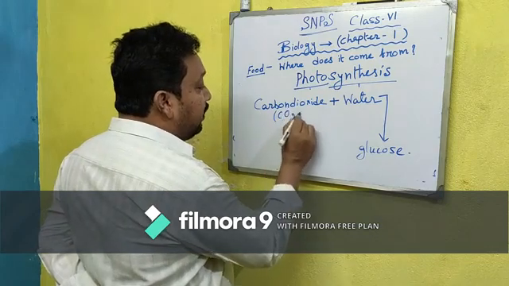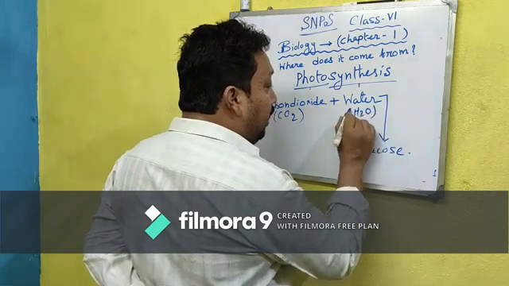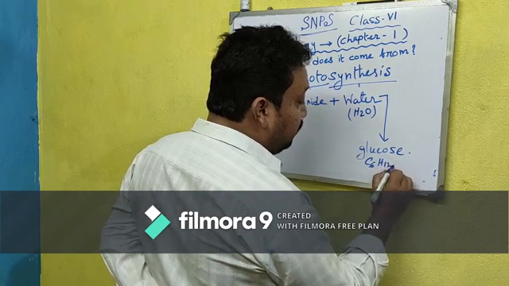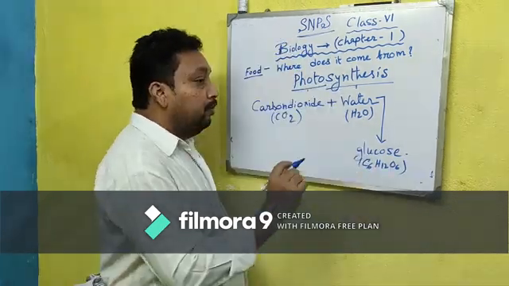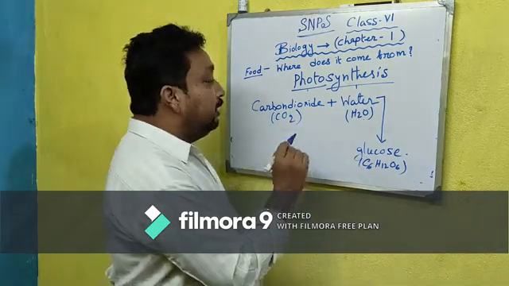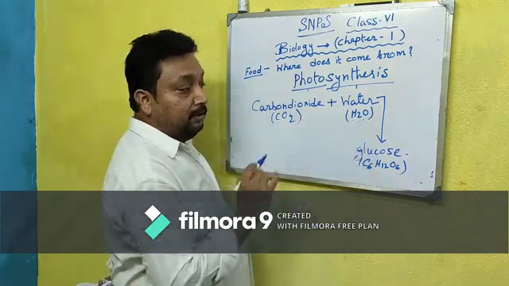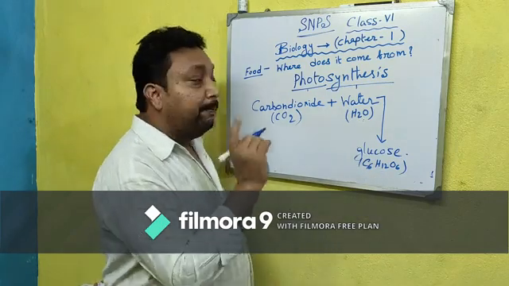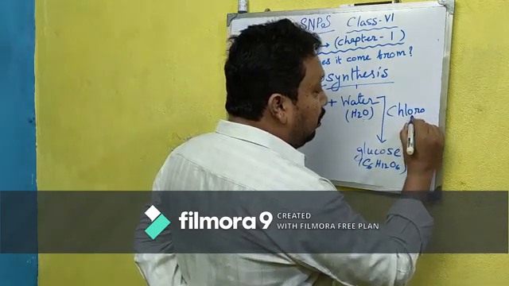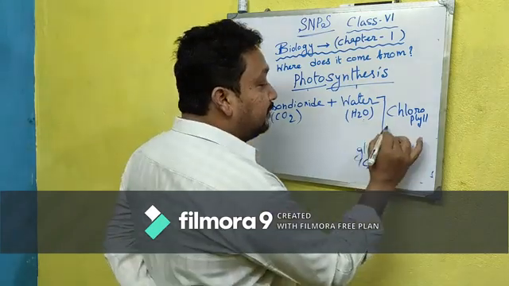Carbon dioxide is written as CO2, water is H2O, and glucose is C6H12O6. Photosynthesis is the process in which carbon dioxide reacts with water to produce glucose with the help of chlorophyll in the presence of sunlight.